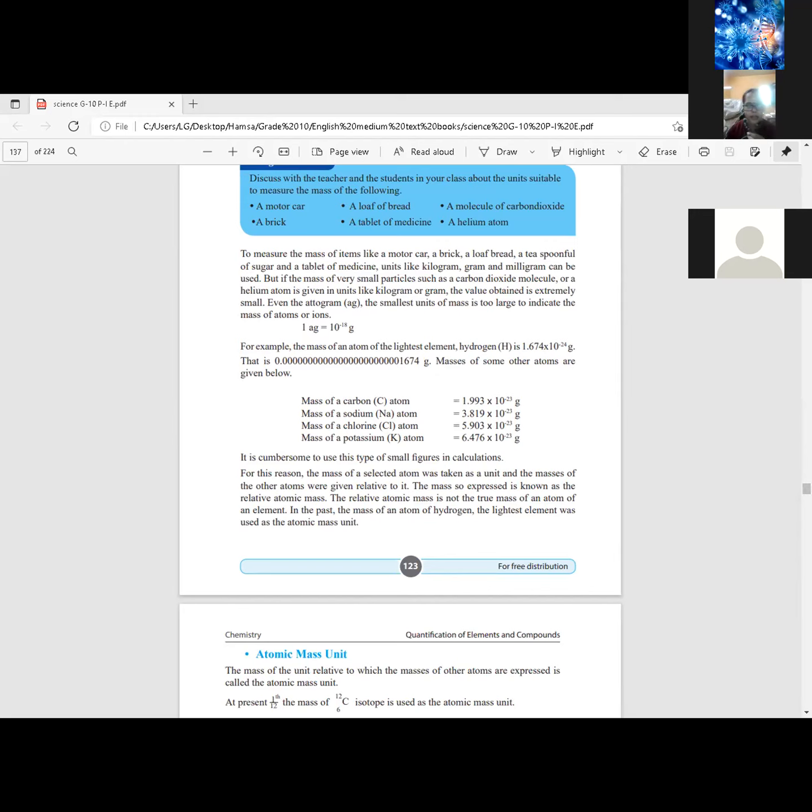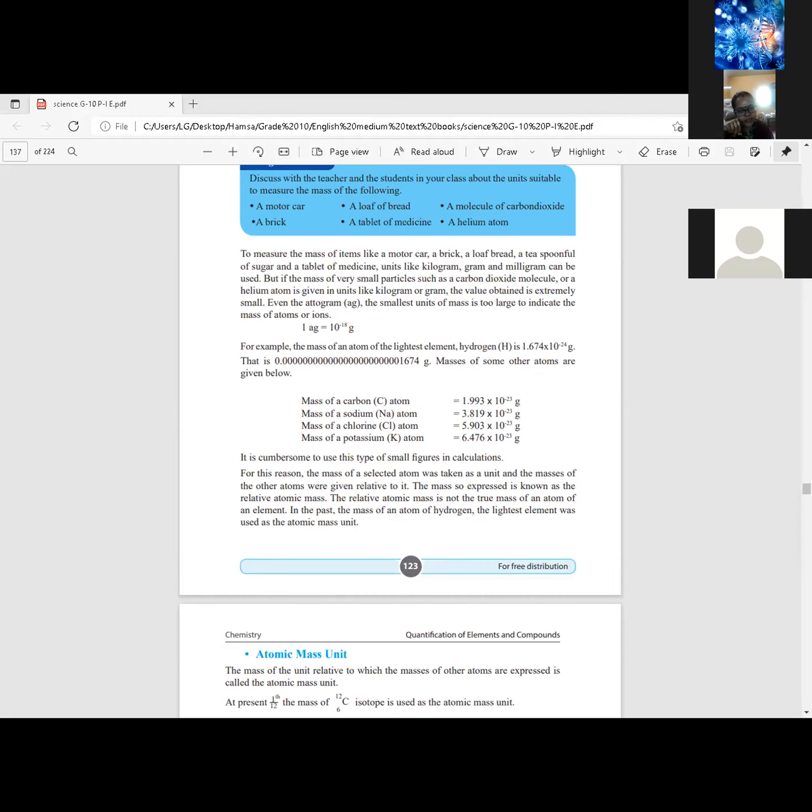Right. So it's not the true mass of an atom, but the mass we are going to obtain for that atom is more or less equal. It's going to be an approximate value, not the exact value. In the past, the mass of an atom of hydrogen, the lightest element, was used as atomic mass.